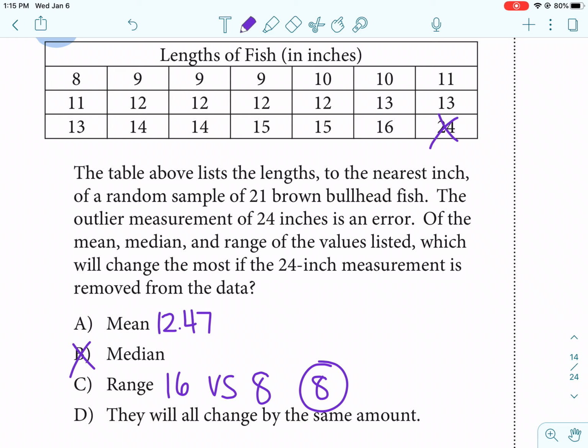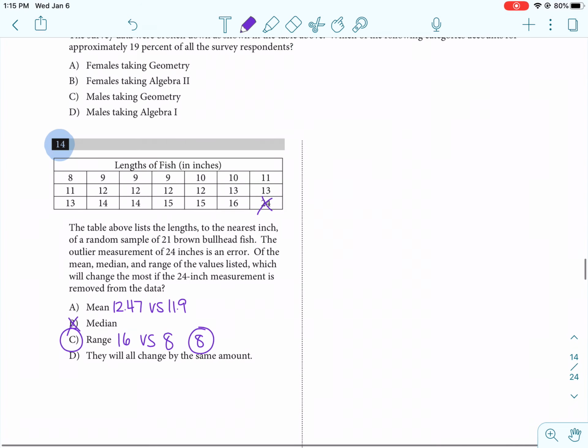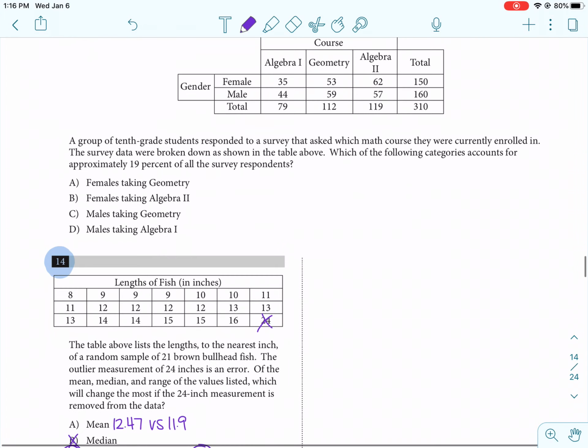So I'm going to do 238 divided by 20, which is 11.9. You can see here that the range changed way more than the mean did. So the answer is C, the range. It just takes a little bit to find those values, but that's how you would approach that one.